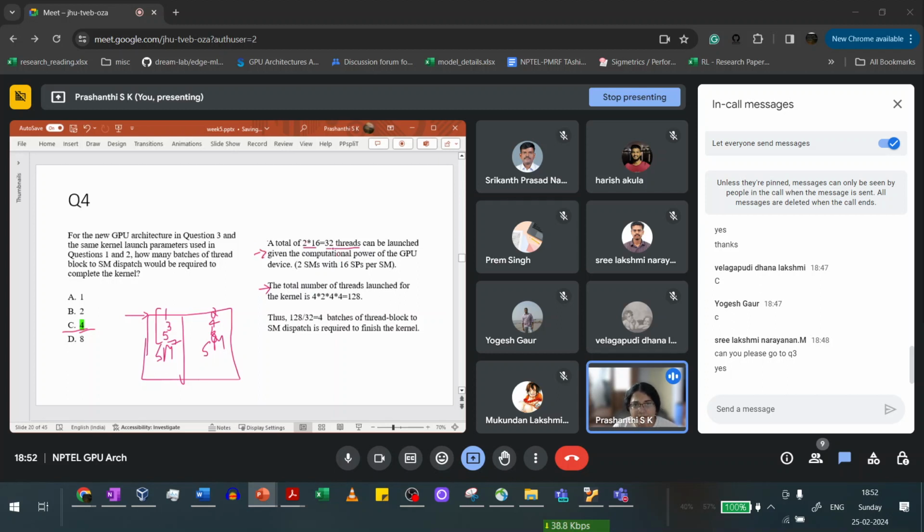The total number of threads needed for the work in the kernel is, when you multiply all the launch parameters, 128. At a time you can launch 32. How many batches do you need to complete 128? Basically 128 by 32, 4 batches. So again your answer is C.